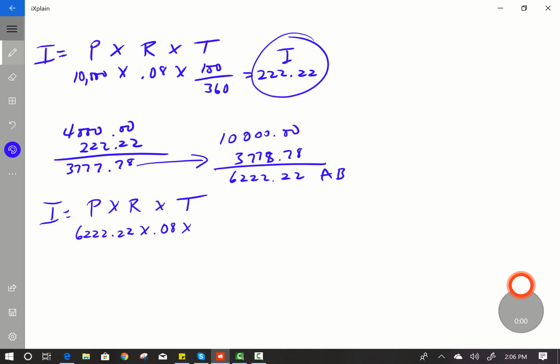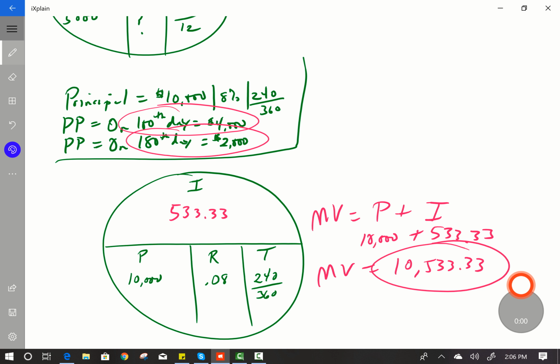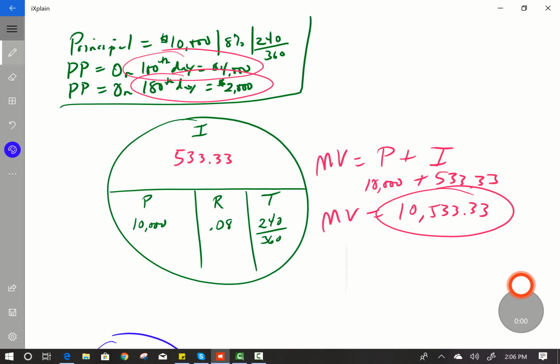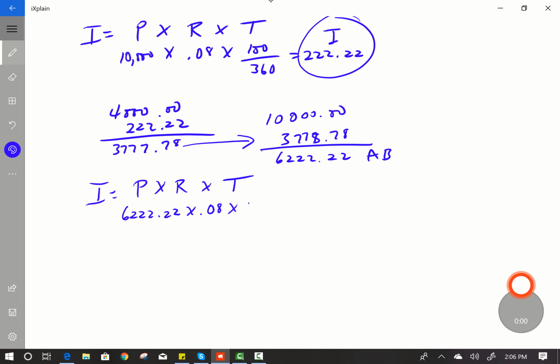Our first partial payment was on the 100th day. Our second partial payment of $2,000 is on the 180th day, so that's 80 days later. So times the time of 80 days divided by 360, that's going to equal interest of $110.62.